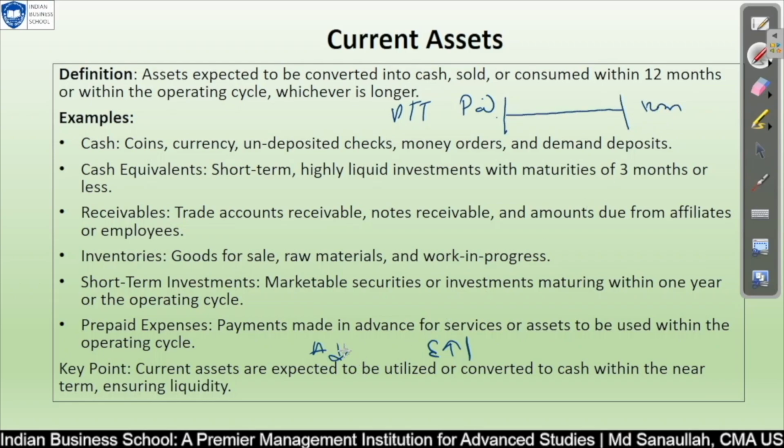So we are going to receive benefit for this insurance for more than 1 year, or if it is for 12 months, it will again be a current asset, because we are going to receive benefit in the future, either 12 months or more than 12 months. The point here is we are going to get the benefit in the future, not today. We have sacrificed our cash now.